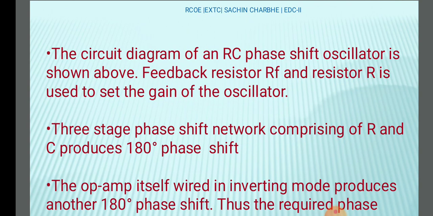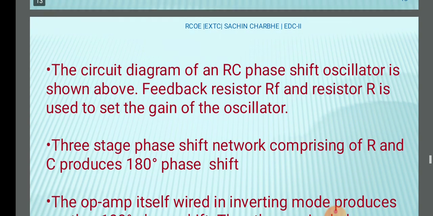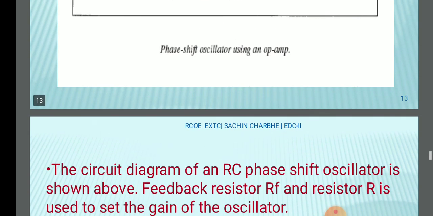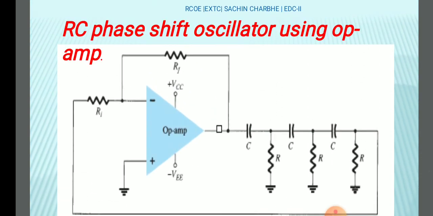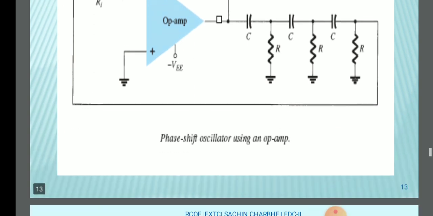The circuit diagram of the RC phase shift oscillator is shown above. The feedback resistor Rf and resistor R1 are used to set the gain of the oscillator. How to calculate the gain? That is the output by input, meaning V0 by Vi, that is nothing but minus Rf by R1. Why minus? Because we are using the inverting mode.